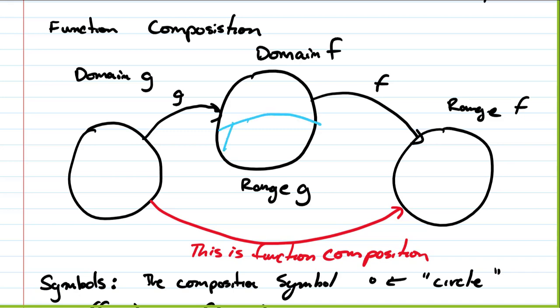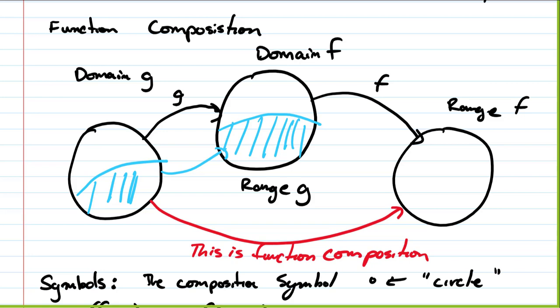It's entirely possible that those two things are not the same, and in fact, there's only some subset of the domain of g that would map into the domain of f. And this gives rise to the big idea, which is we may need to restrict the domain of g so that the range of g is in the domain of f.